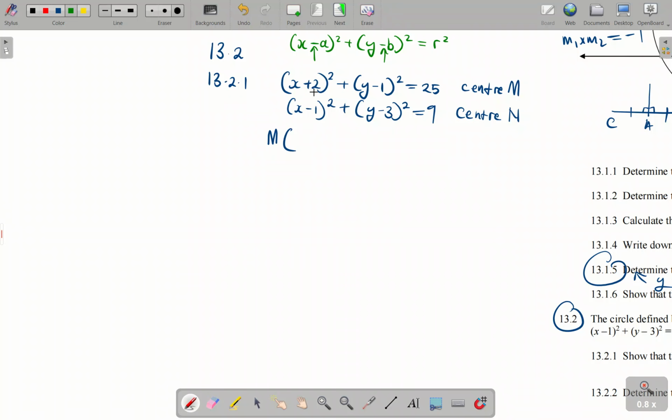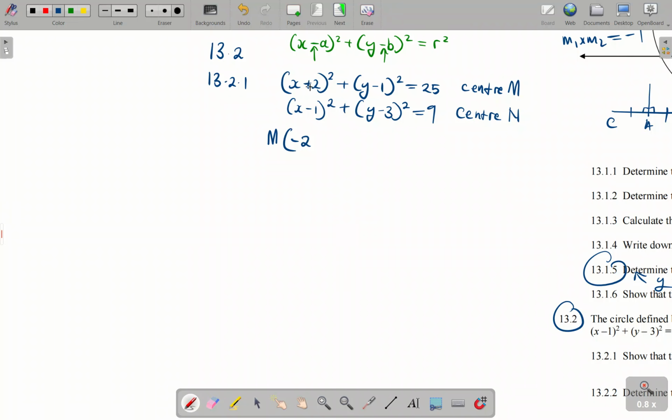So for M, where you can see x plus 2, it means that initially you have something like x minus that, and then when you multiply the negative inside, you'll have x plus 2. So you see where this comes from? So the x coordinate is simply negative 2. It's just the opposite of what you're seeing here.